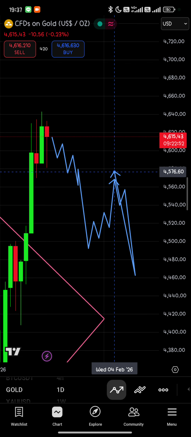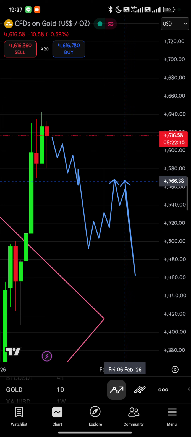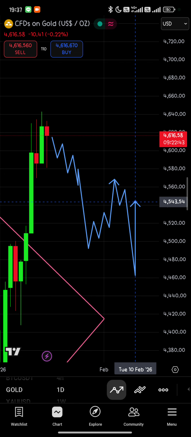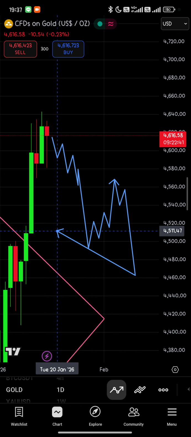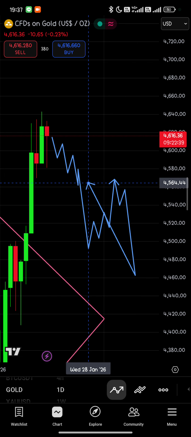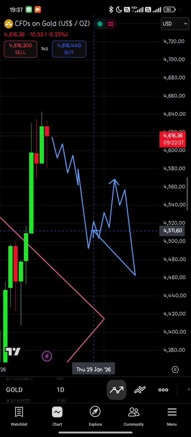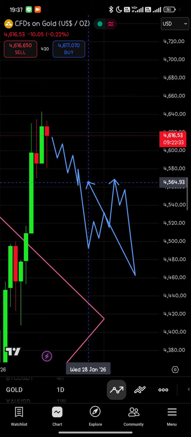If you understand the narrative, if you understand each movement the price is showing you, correct? But most of you guys, you're only waiting for the price to move up and move down. You're only waiting for the price to touch your fair value gap. You're only waiting for the price to touch your buy limit, your sell limits, correct? And you're always waiting for the price to touch your take profit. But you do not know, right?